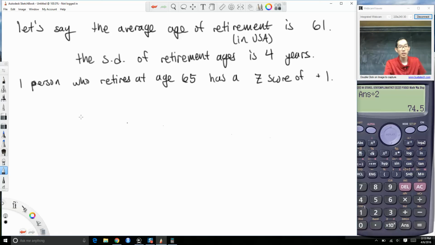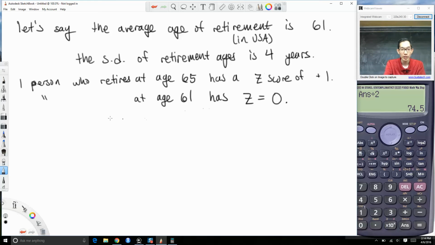Someone who retires at age 61 has z equal to 0. Because the z-score is how far this observation is from the mean expressed in standard deviations. So if someone retires at age 61 and that's the average or the mean, then that person is 0 away from the mean.